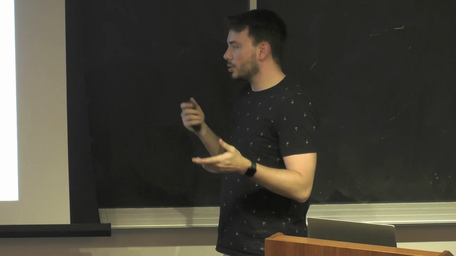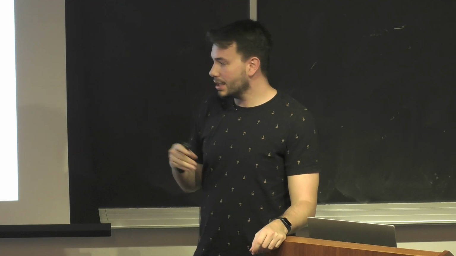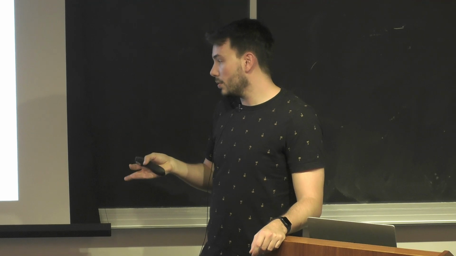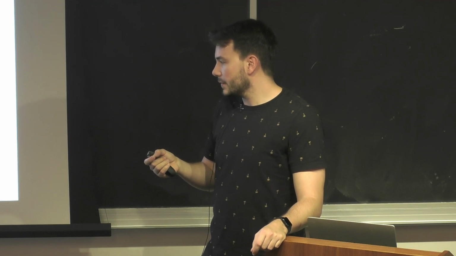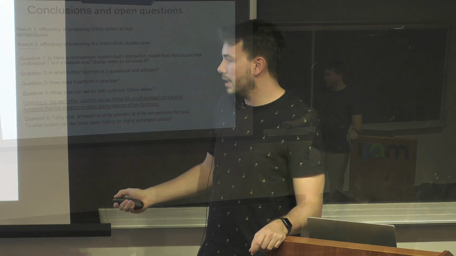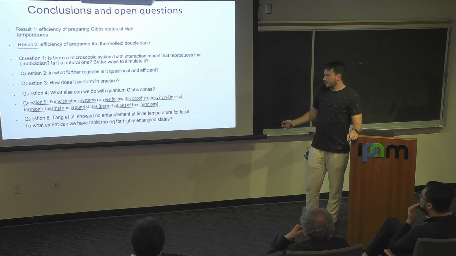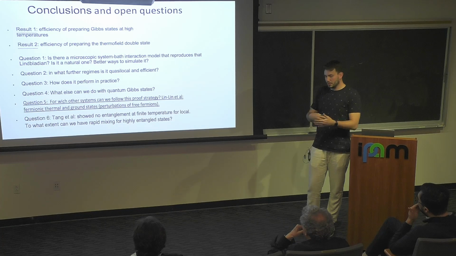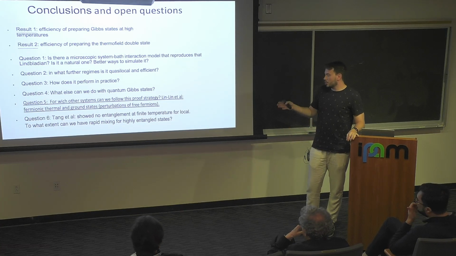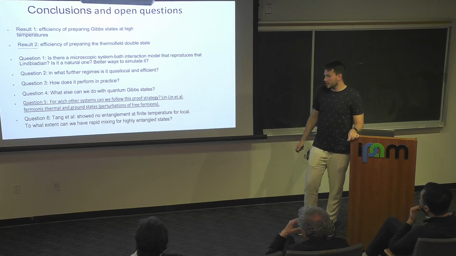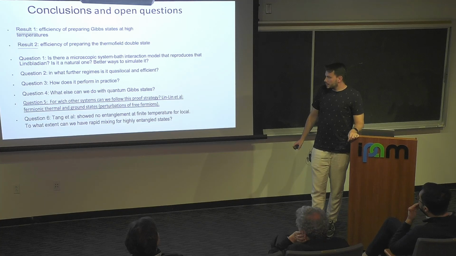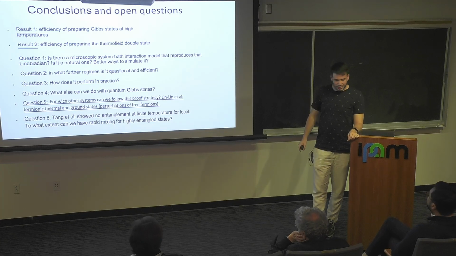So I think it would be interesting to see to what extent we can have this rapid mixing, convergence, and so on, and still have highly entangled states, to see whether this is just one regime that Tang et al. identified, or whether we can go a bit beyond that. So I think that's also a very relevant and interesting question. And yeah, with that, thanks for your attention.